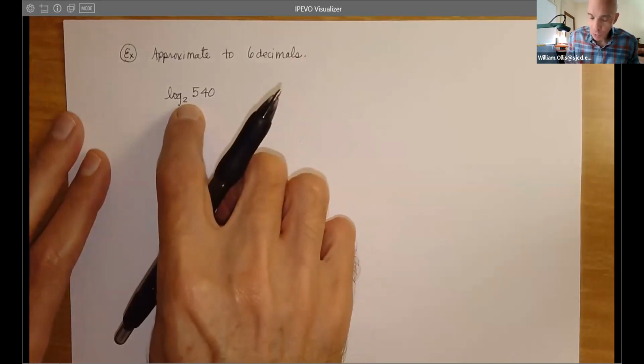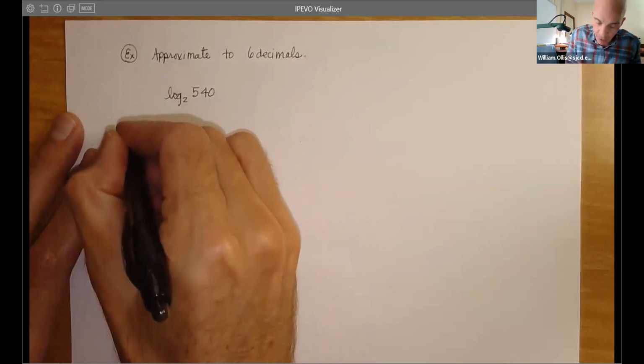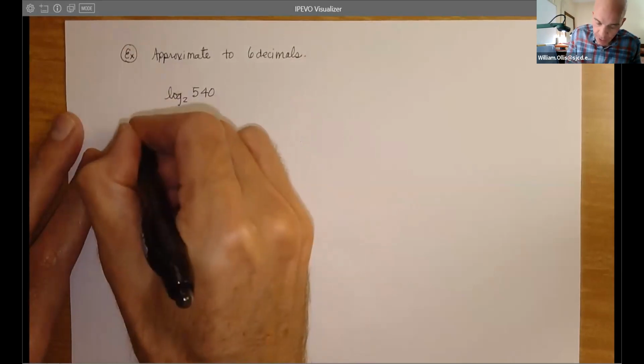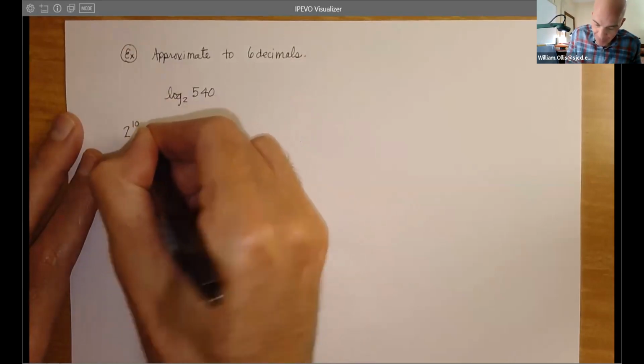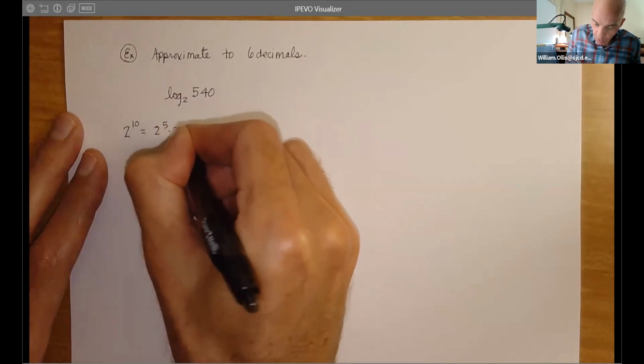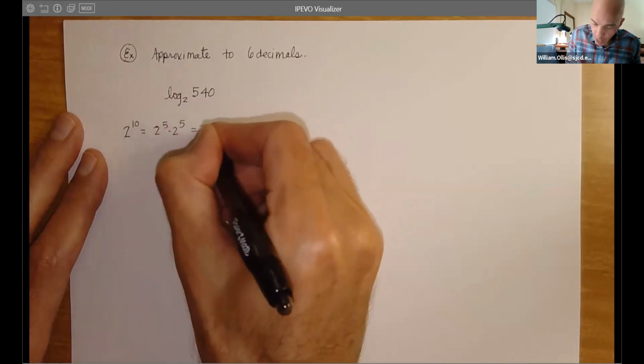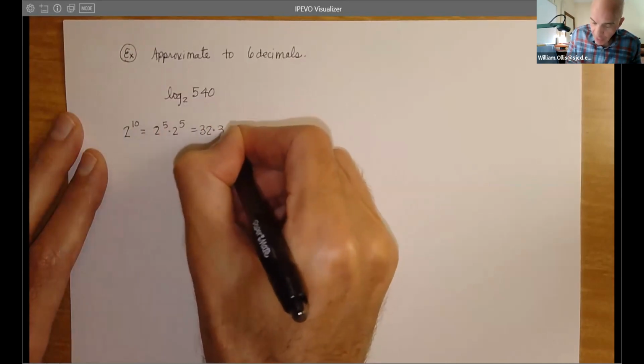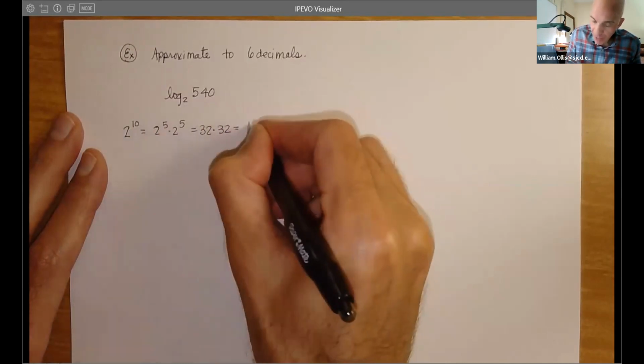We have base 2. So now 2 to the 10th is just 2 to the 5th times 2 to the 5th. That's 32 times 32. And that's a very famous number, 1024.